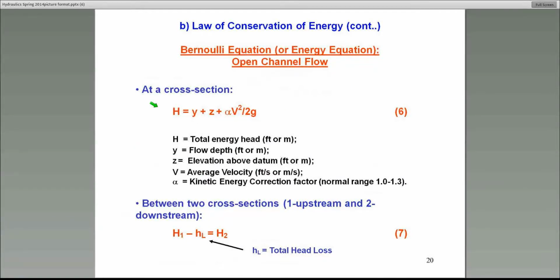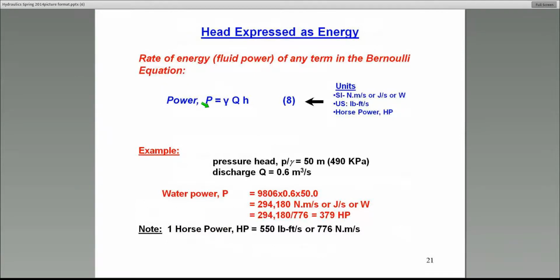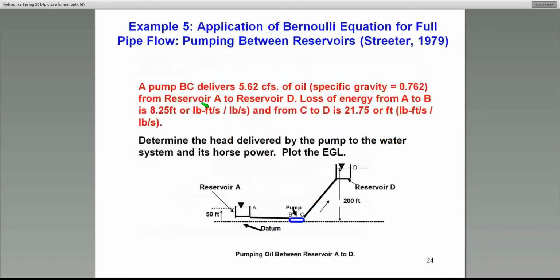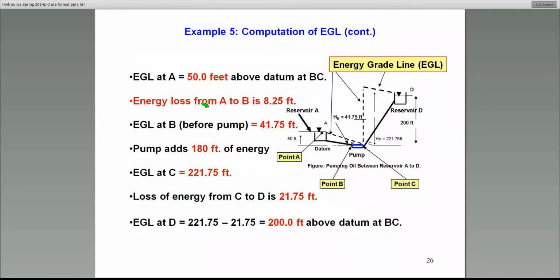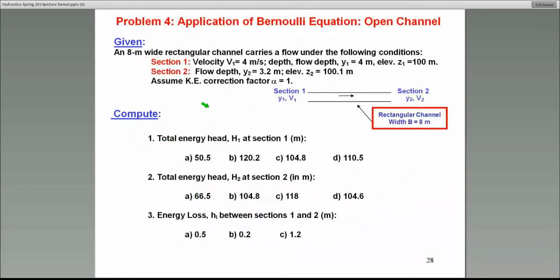The total energy in an open channel system. Okay, remember Y, the flow depth, Z, and V squared over 2g. Alpha is 1 here. Okay, in any case, I cannot wait too long, so we'll proceed. I'm sure you can work this out at your leisure. The answer, by the way, in this particular case will come out to be C.